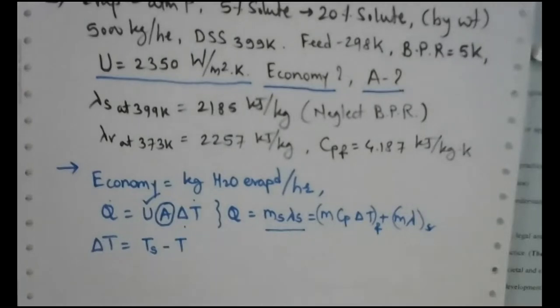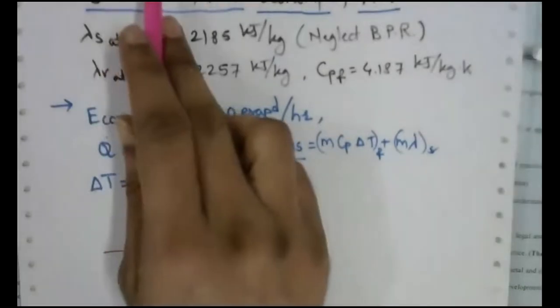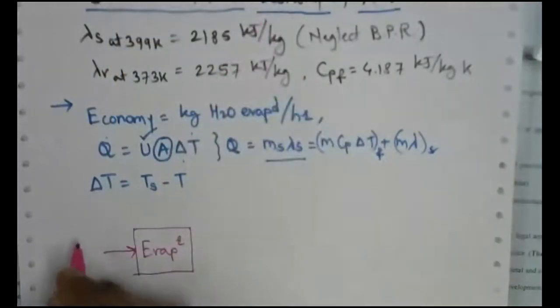So for that purpose, we have to take the judgment of what exactly the feed is and what exactly the output is. So in this numerical, suppose this is evaporator. The feed for this evaporator is at atmospheric pressure, 5% solute.